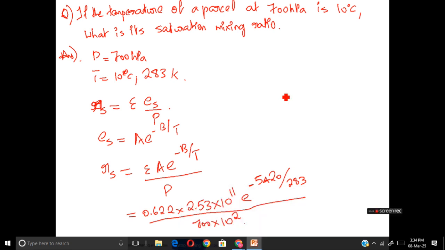So the answer will be 0.011 kilogram per kilogram, or we can write it as 11 gram per kilogram. So for 1 kilogram of dry air, 11 gram of water vapor is required for this air parcel to become saturated. So yeah, that is the whole idea.